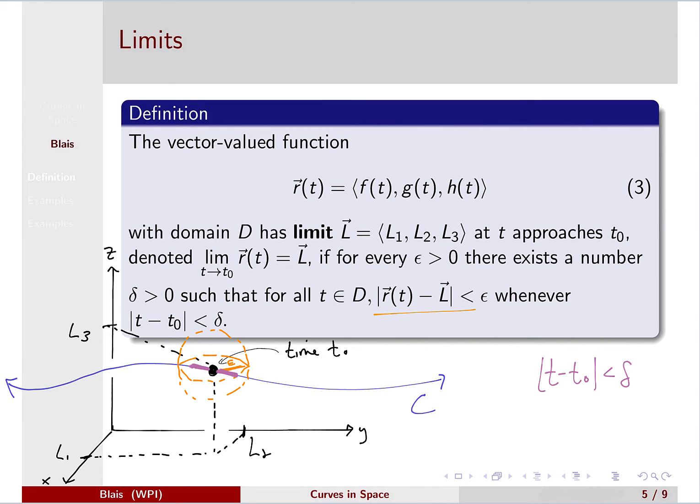You shrink delta. And as long as you always have this picture, then by definition, the limit as t goes to t naught of r of t equals L. So this is the idea of the definition of a limit for a vector-valued function, and you can really think of it as an extension of the definition of limit that we learn in single-variable calculus when we really start studying calculus for the first time.